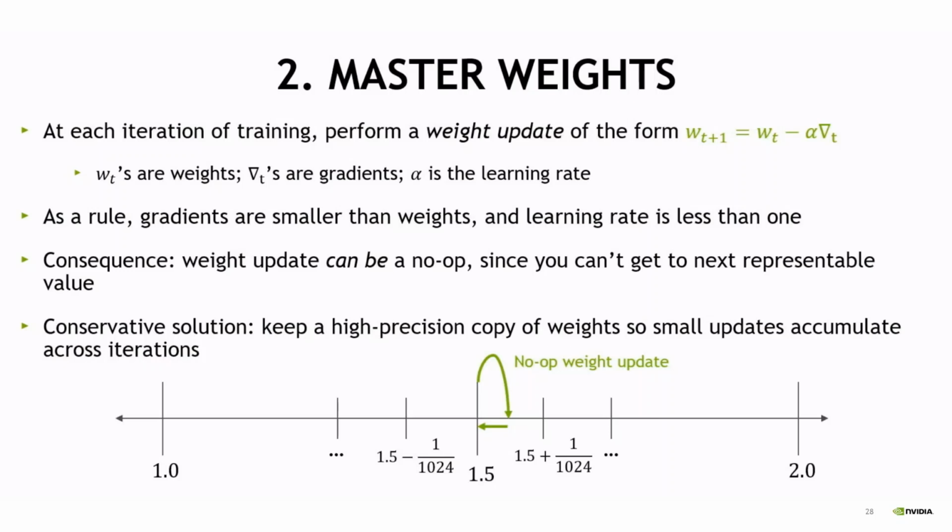And master weights is the main recommendation to handle this. It's about having a copy of weights in full precision mode. So this leads to a situation where we have two copies of our model in the memory of the GPU, one of them in FP16 format and the other in FP32.